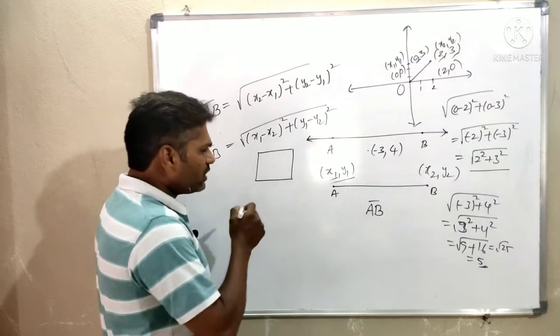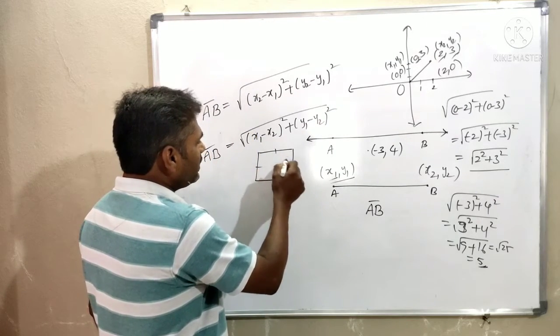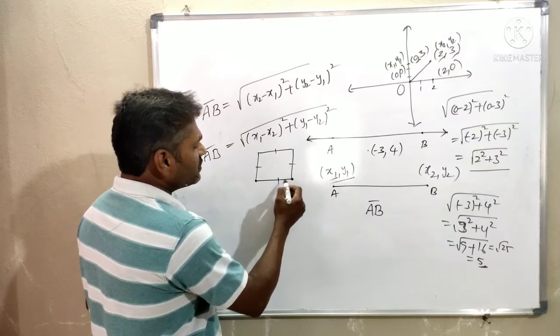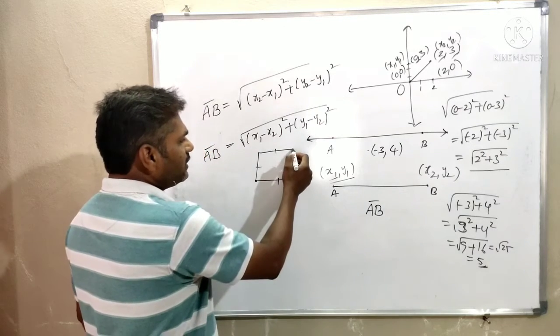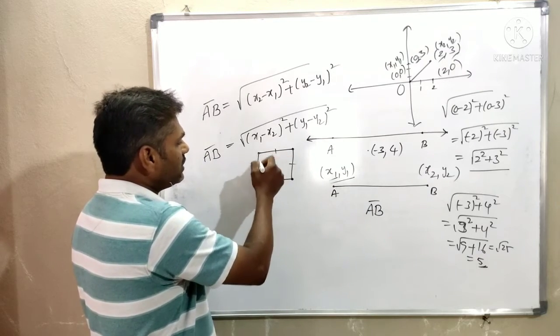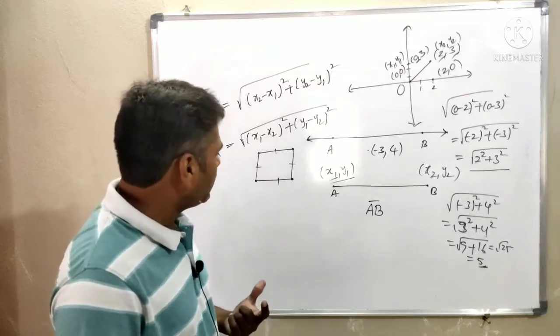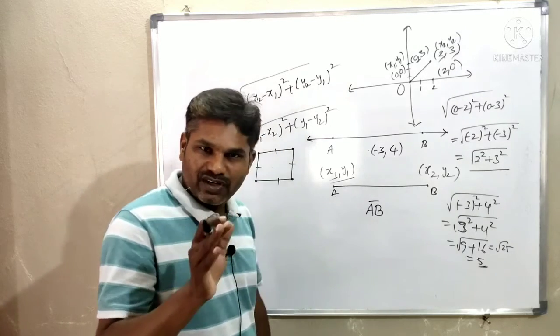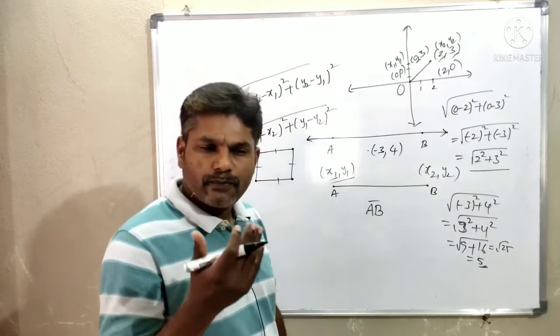So if you want to show that this is a square, you have to find the distance of this vertex from this vertex, and the distance of these two, and these two also. You have to show that the lengths of these 4 sides are equal.